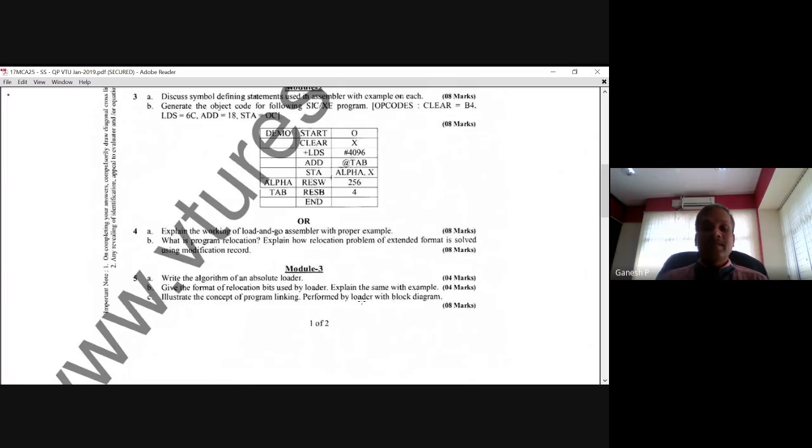How is it being done? That is done through a concept called program linking. So that diagram we have to write and explain. We have discussed it in detail. Probably we can cross-check and utilize that.